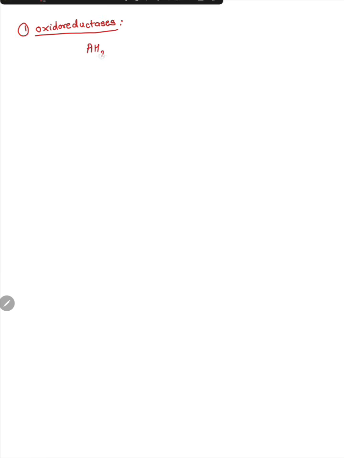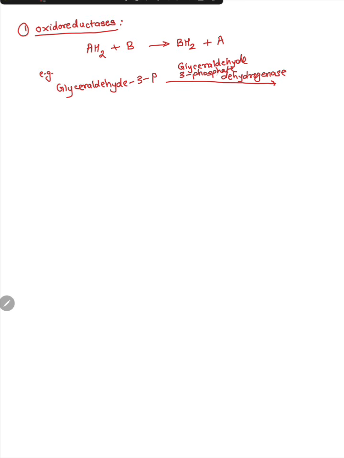General reaction can be written as AH2 plus B, hydrogen goes to B, BH2, and AH2 gets oxidized to A. So example can be, say, glyceraldehyde 3-phosphate dehydrogenase of glycolysis. So you can write glyceraldehyde 3-phosphate, glyceraldehyde 3-phosphate dehydrogenase converted to 1,3-bisphosphoglycerate, which is also called 1,3-BPG.